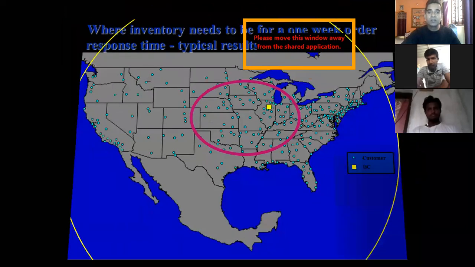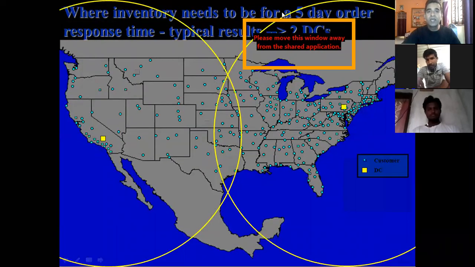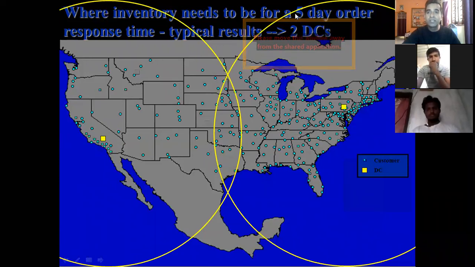Okay, so if the company is willing to deliver the orders within 5 days, it should have 2 distribution centers. One in the east and one in the west, as you can see.